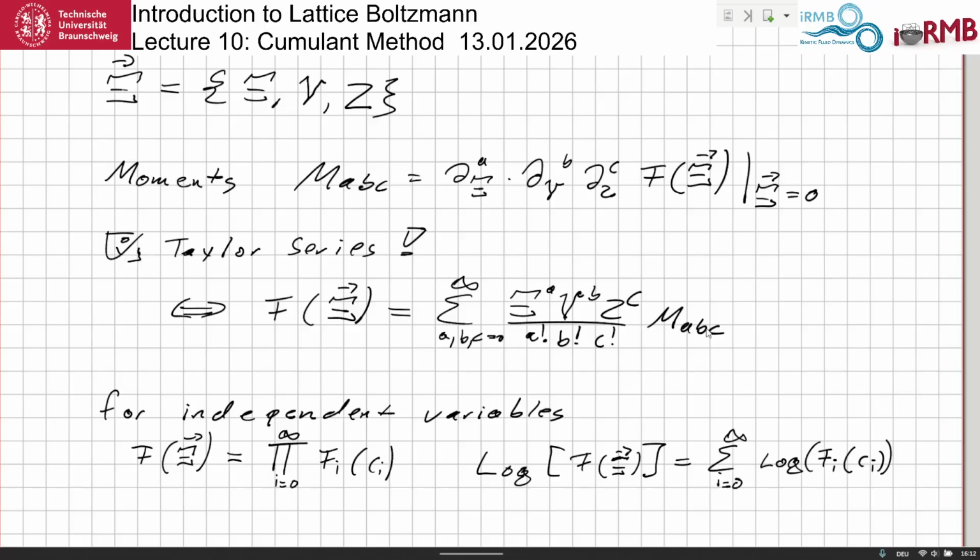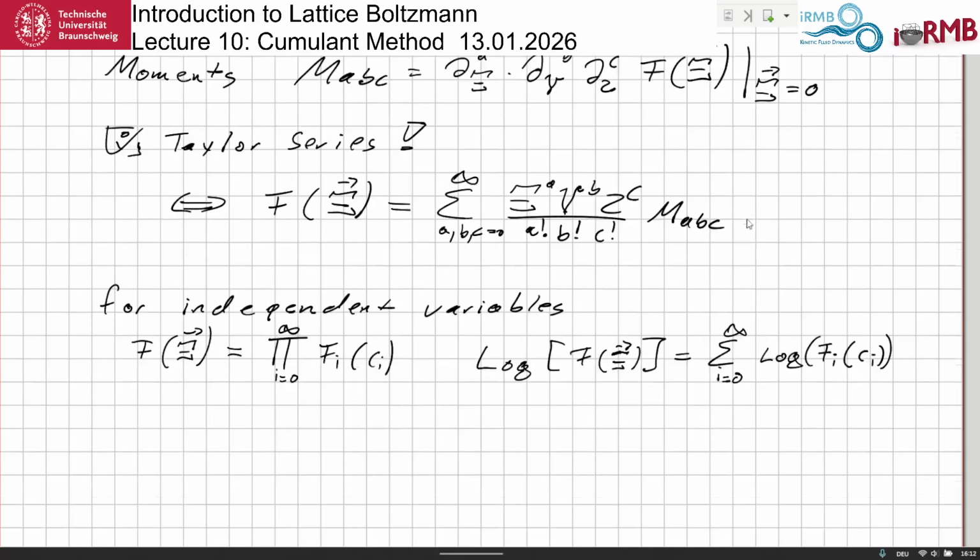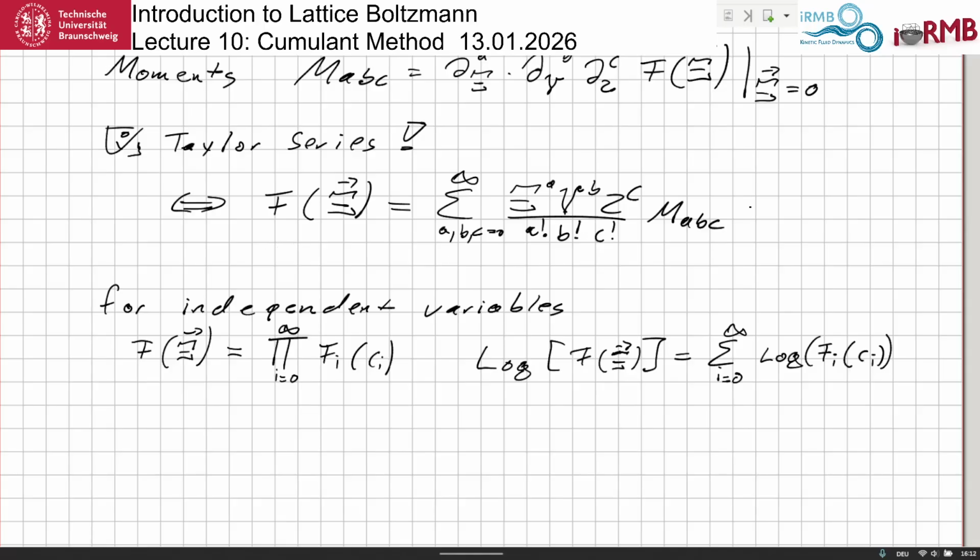Okay, let's just use this as a template. So log of f in xi is equal to the sum. Suppose there are variables that have this behavior.